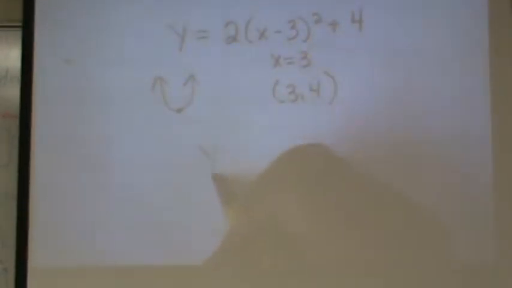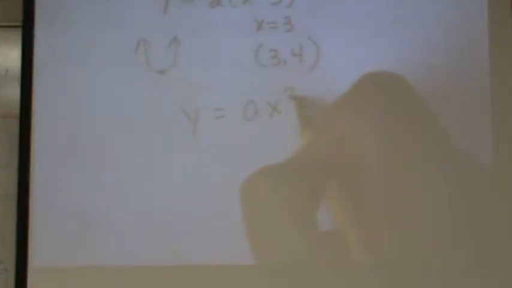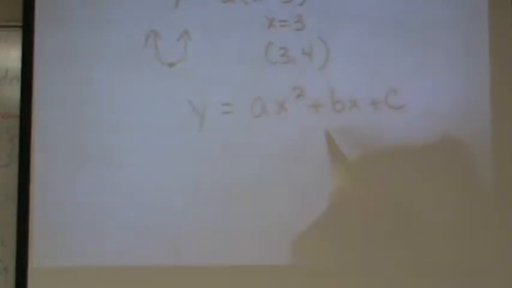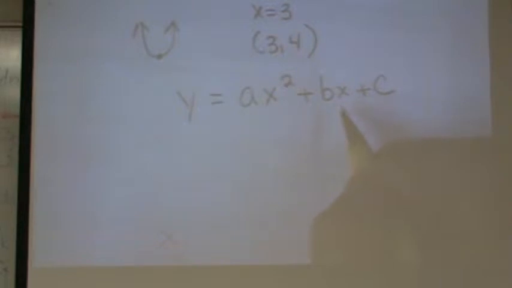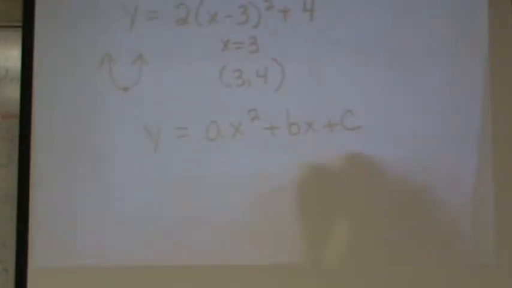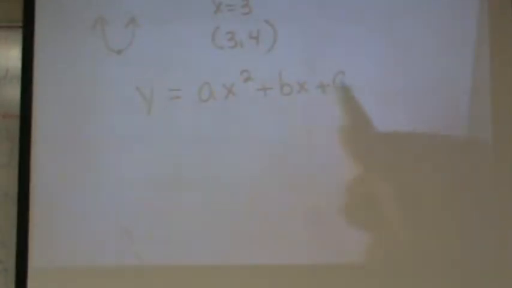Well, today we're not talking about this form. We're talking about standard form. Standard form looks like this: ax squared plus bx and then plus c. That is standard form. It looks a little different, but there are some benefits of this form, just like there's benefits of linears. This number is going to be your y-intercept.